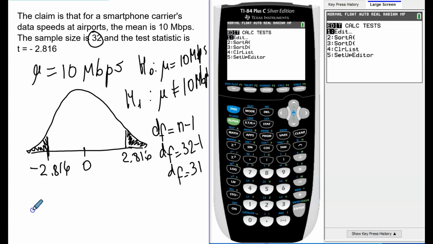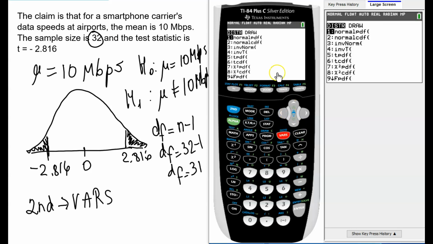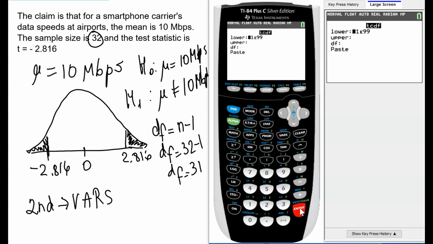In the graphing calculator, you're going to go to second, vars, then go down to t-CDF, click enter, and if you have Ch8-3, you might have to enter three values in the parentheses.